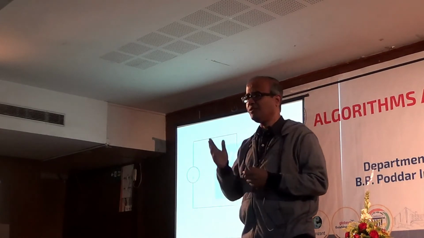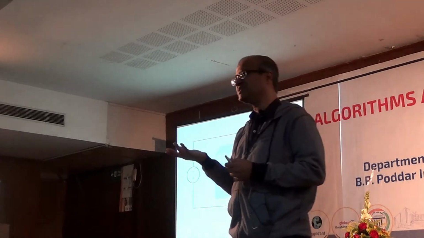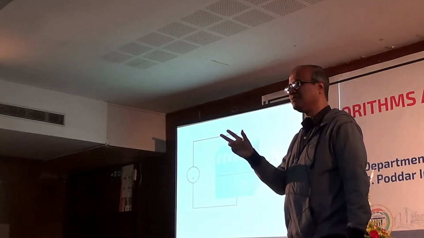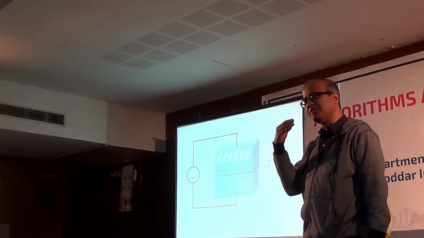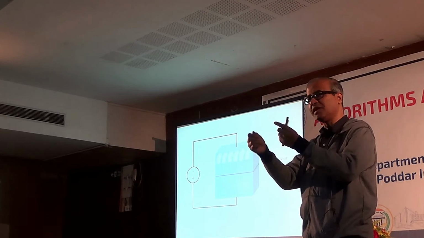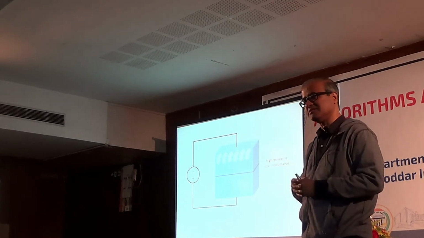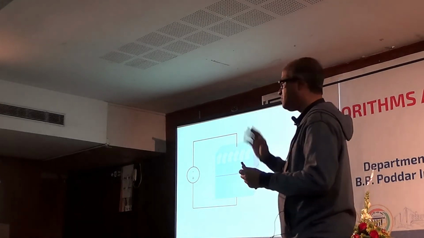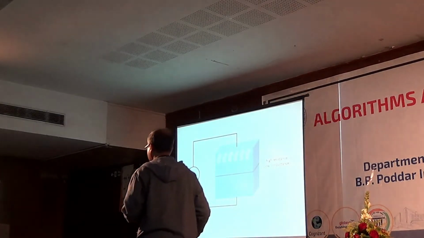But here we have something called resistive RAM. We are using a resistance as a memory which has the capability of remembering its resistance value, and externally by applying a voltage I can change the value of the resistance. This is one application which is very promising. There are many others.